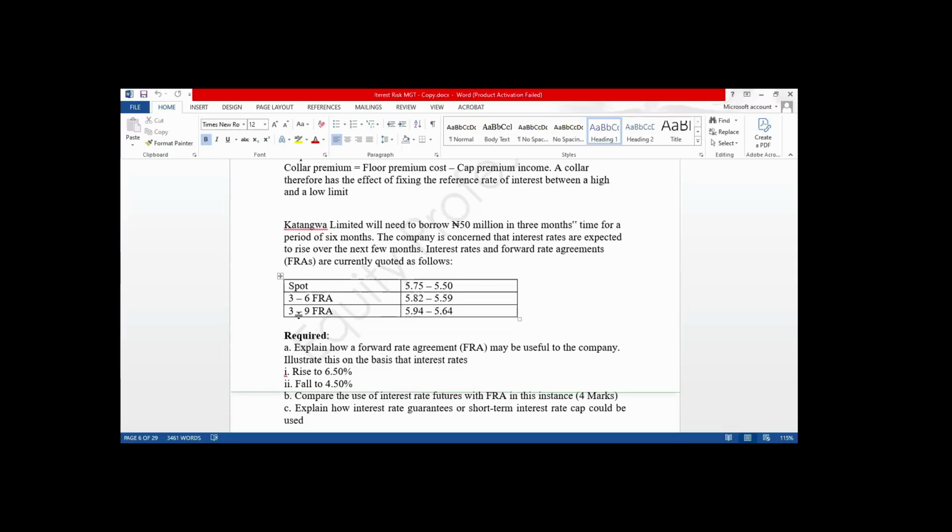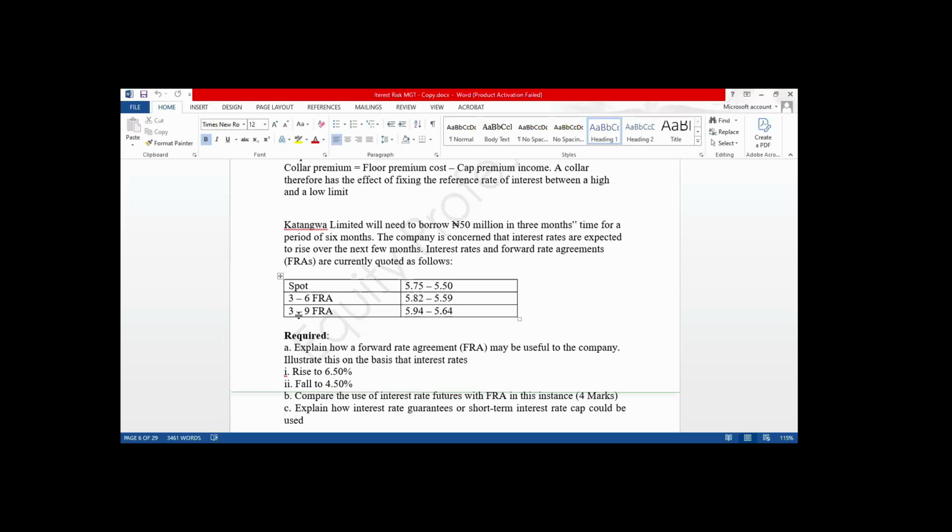As a borrower, we are going to buy FRA. Please listen to this. As a borrower, we are going to buy FRA. That means the bank will sell FRA. Our company is the buyer of FRA because the borrower will buy FRA. Then the bank will sell FRA.